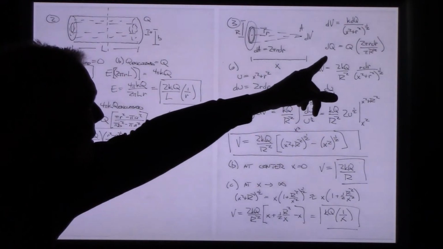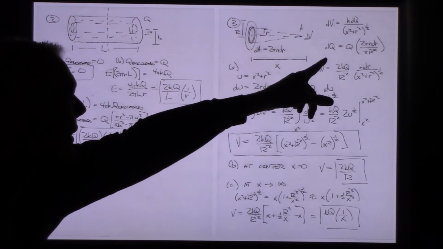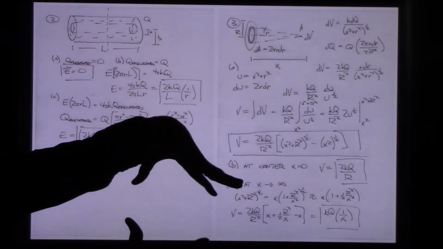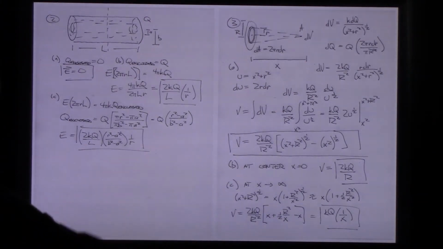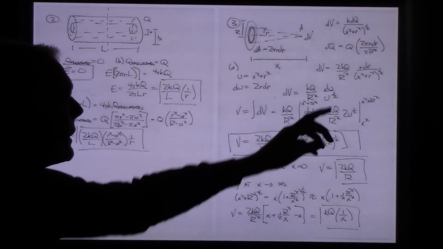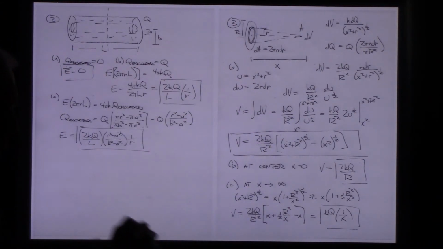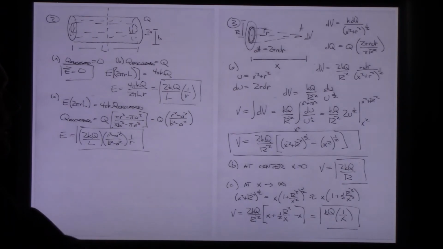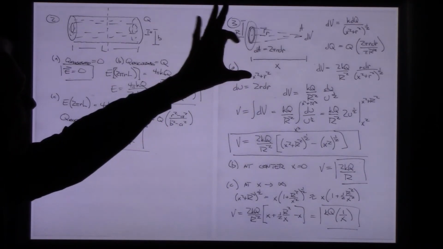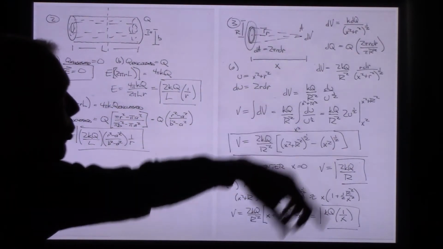So the dq now, if we break the charge down into how much charge is on each one of these circular loops that we're going to be integrating, the loops have an area, 2 pi r all the way around with a thickness of dr, and the area of the entire disk is pi R squared.